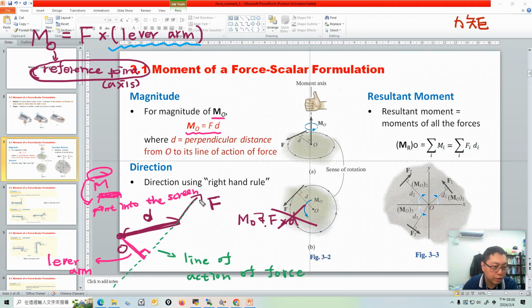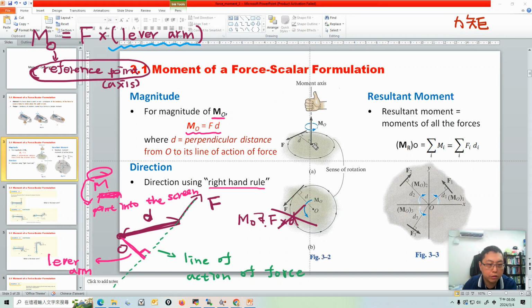So this force causes a moment with respect to point O, and the direction is into the screen, following the right hand rule because D cross F points into the screen.